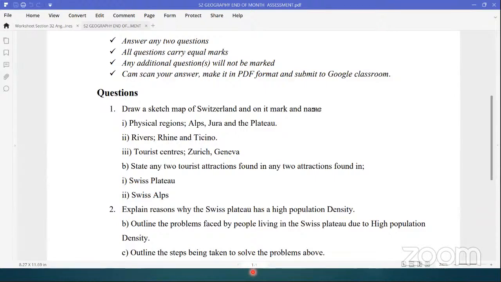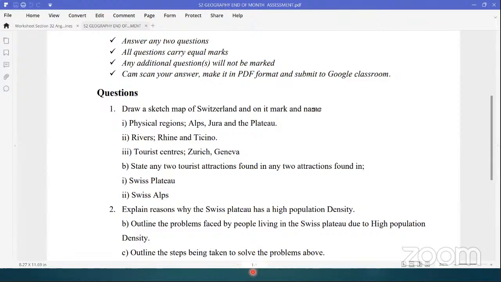She's saying that the Swiss Plateau is undulating. I'm sure you still remember that. We said that the relief of the Swiss Plateau is undulating, or you can say gently sloping or a bit flat. And this allows, first, the use of machines. Two, it favors settlement.